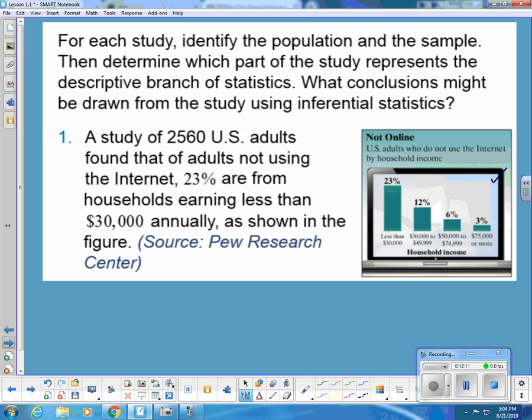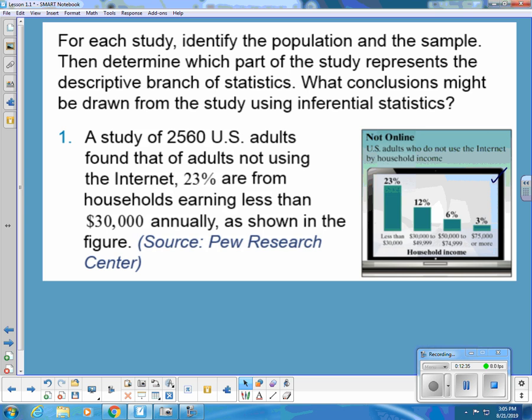So, what is the population? What is the sample? So the population is all the U.S. adults. The sample is just those 2,560 that were asked in the study about the internet use. Okay?